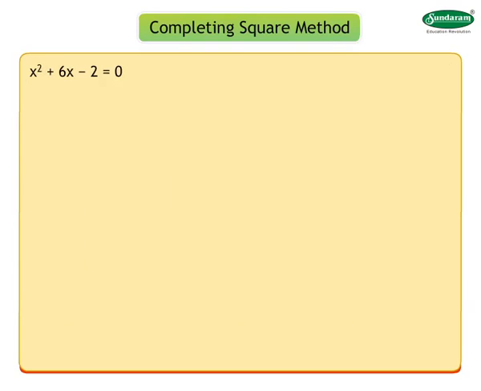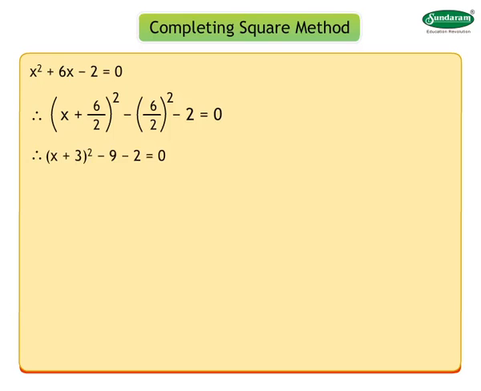x square plus 6x minus 2 is equal to 0. Therefore, (x plus 6 upon 2) whole square minus (6 upon 2) square minus 2 is equal to 0. Therefore, (x plus 3) whole square minus 9 minus 2 is equal to 0. Therefore, (x plus 3) square minus 11 is equal to 0.